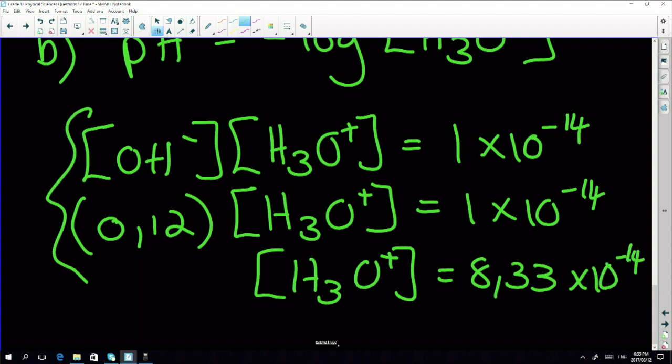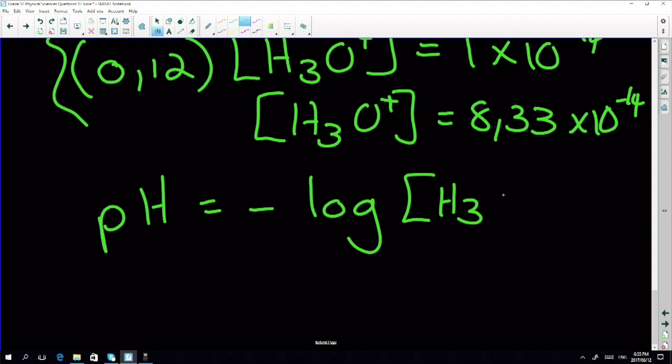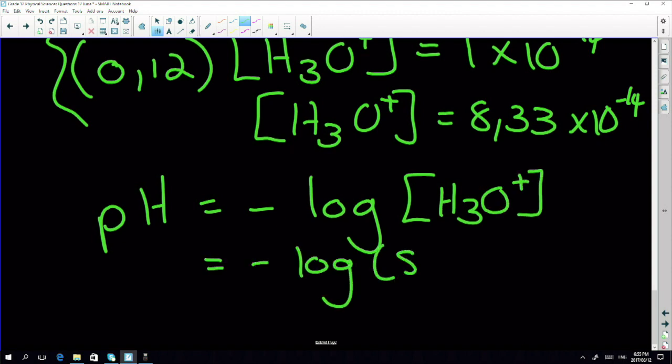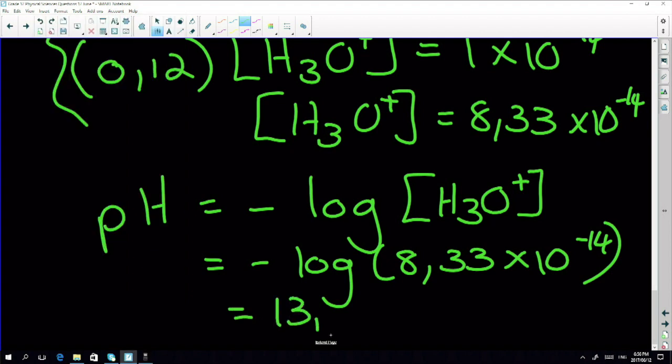This was the trick because now pH is the negative log of the H3O plus, so it's the negative log of 8.33 times 10 to the minus 14. Please don't forget the negative, otherwise you're going to get a negative answer at the end, and we can't have negatives. Oh, look at that, 13.08. I'm happy with that answer.